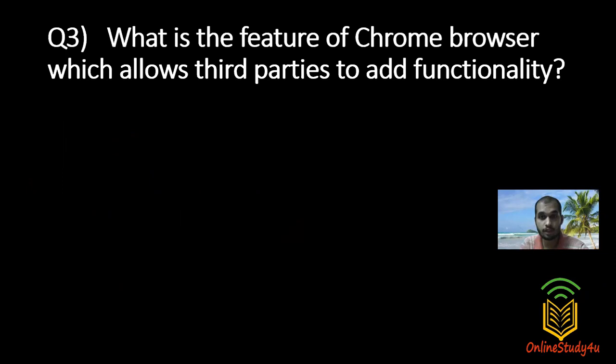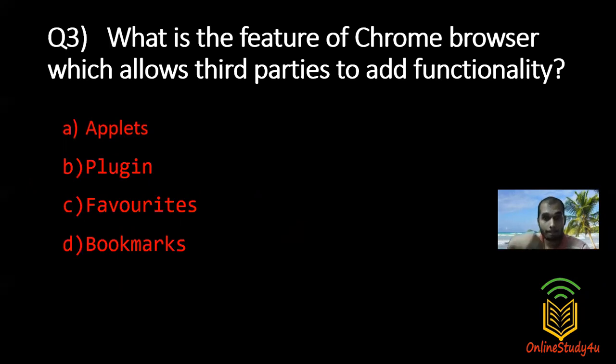What is the feature of the Chrome browser which allows third parties to add functionality? Applets, plugin, favorites, bookmarks. So you can blindly say the answer is plugin. Plugins are also called extensions. They're called Chrome extensions or Chrome plugins.